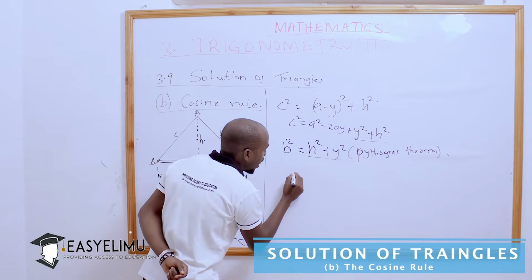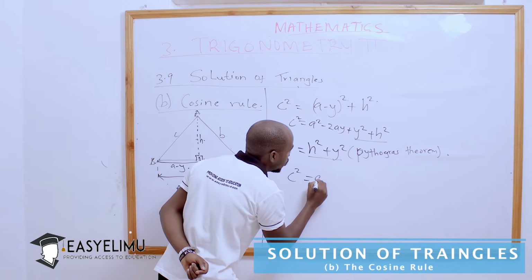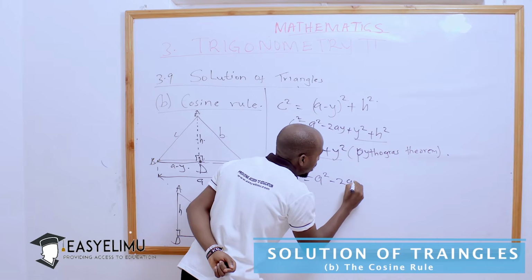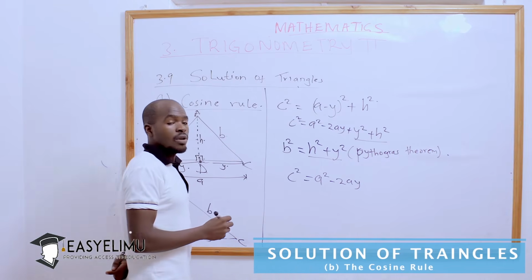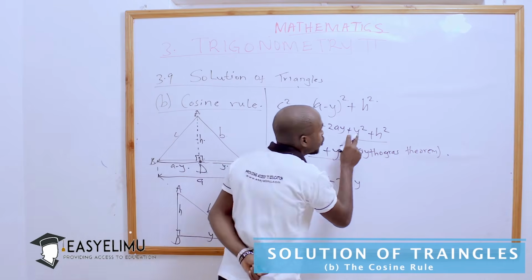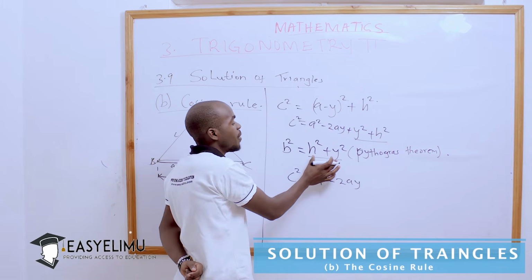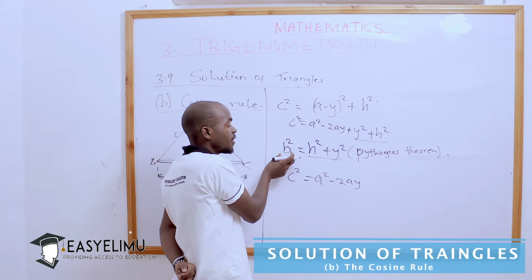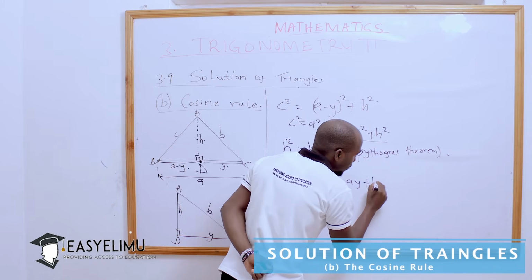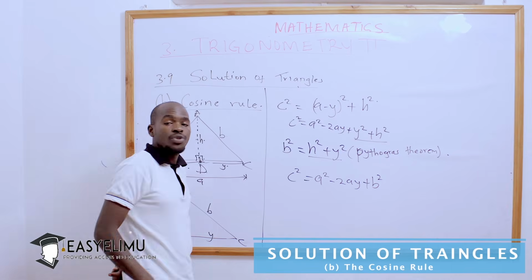So meaning that we can say C squared is equal to A squared minus 2AY, then in place of Y squared plus H squared, we are going to replace it with its value, which is B squared.